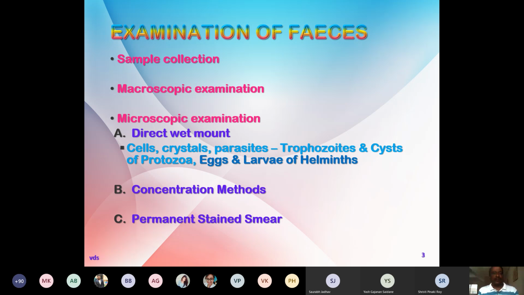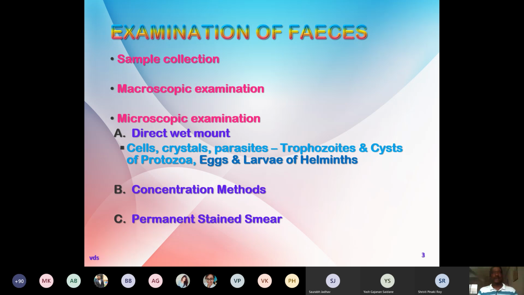Then we'll go to microscopic examination. Here we are going to study direct wet mount, in which we are going to study two important methods: saline preparation and iodine preparation. We are going to go into the details of that in the successive slides. But in direct wet mount, what we are supposed to understand is the presence of different cells, presence of crystals, and the presence of parasites.